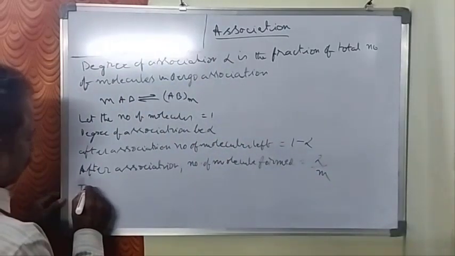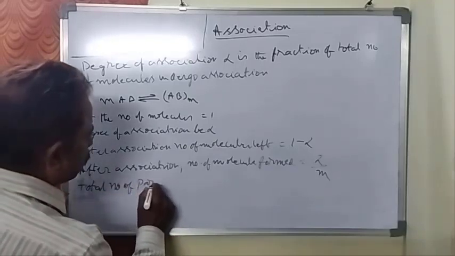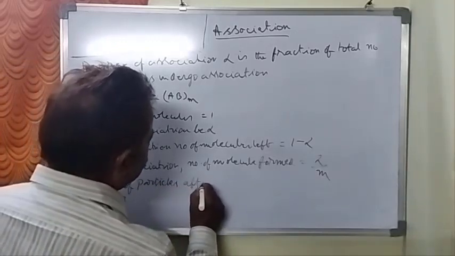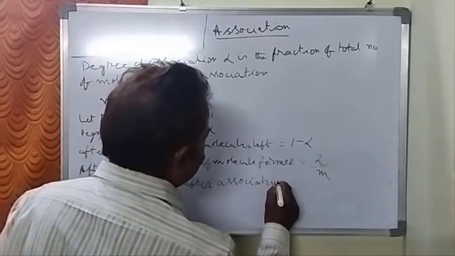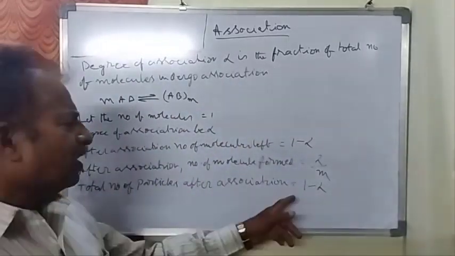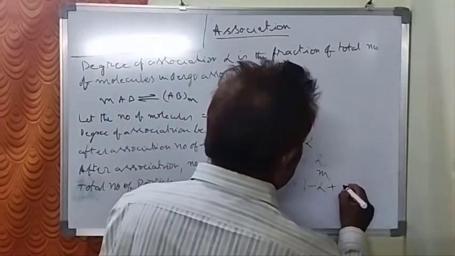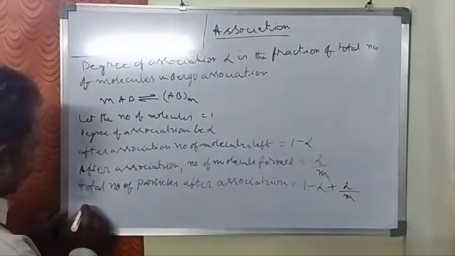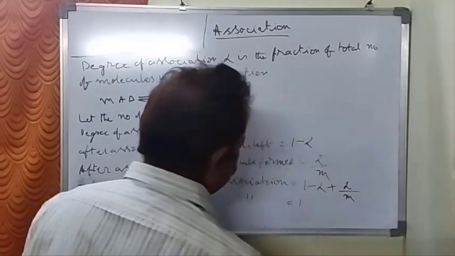So the total number of particles after association equals 1 minus alpha, the number of particles left, plus alpha by m, the number of particles formed by associating. The total number of particles before association is equal to 1.